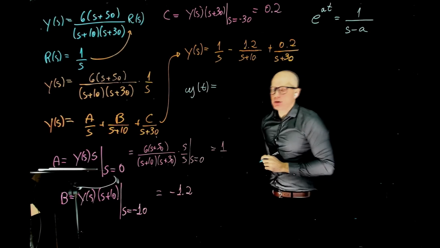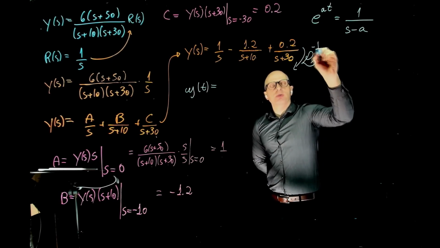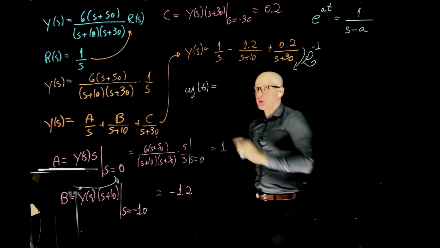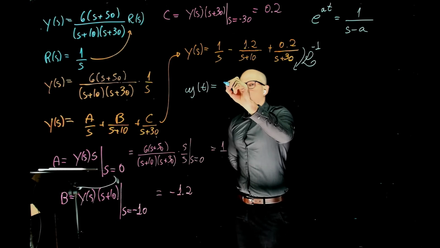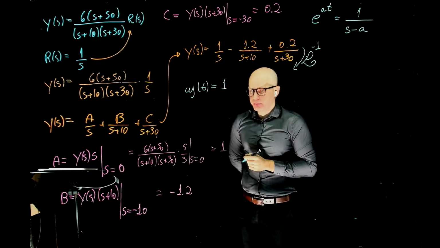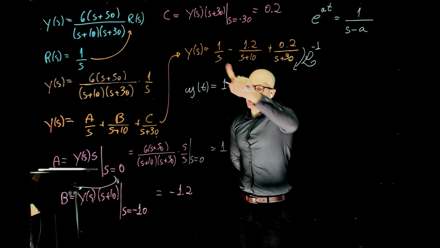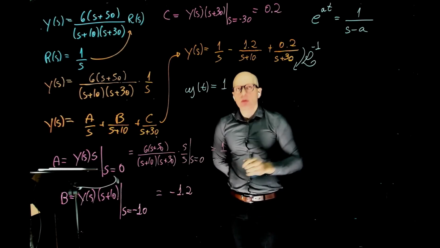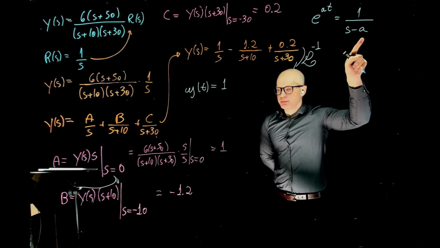So what is y of t? Taking the inverse here, 1 over s becomes 1. The very first property in the table, the step function, is 1 over s. So going back here, we just get 1. What is the inverse Laplace of this part? We can use this identity.